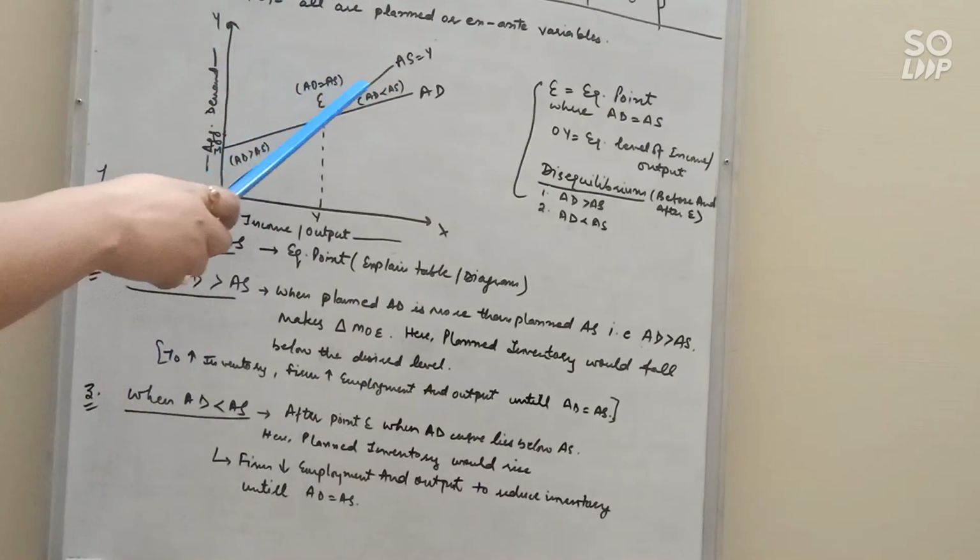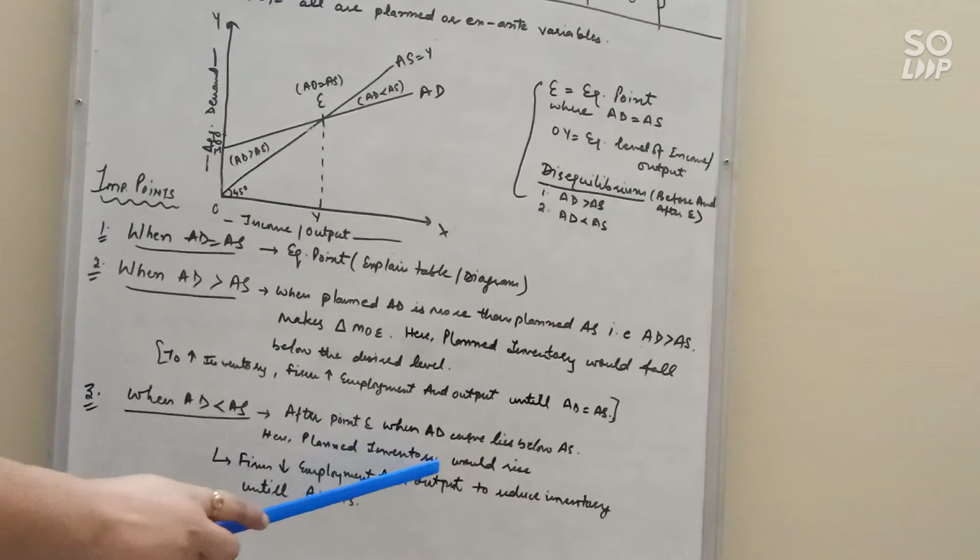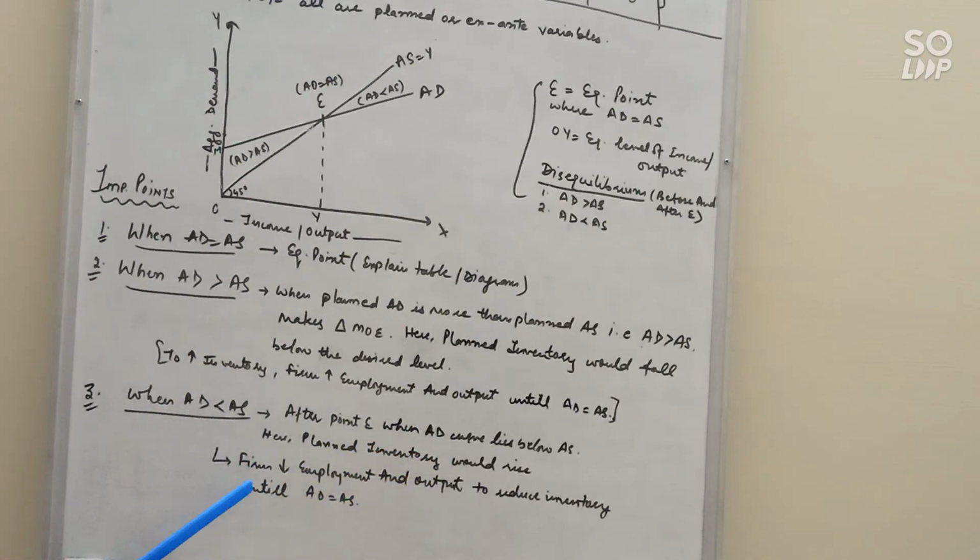To reduce the inventory, the stock, firms will reduce the employment level and output until AD becomes equal to aggregate supply. Clear? We need to make adjustments if these two are not equal. We want the point in the economy where AD is equal to AS.